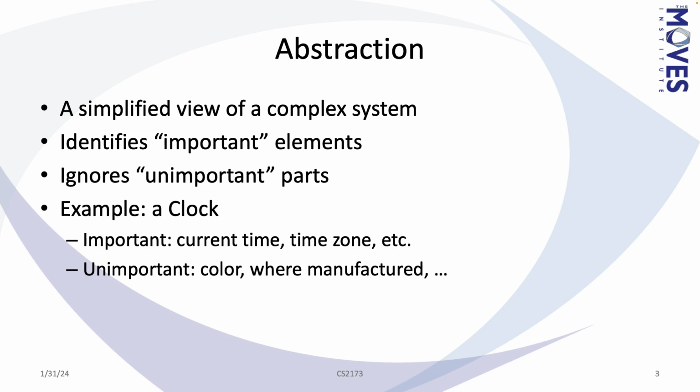Where was it manufactured? What are its dimensions? If we're more interested in how it works, time-wise, then those are not important. On the other hand, if we're designing a clock that we want to manufacture and we want to simulate the thing, then some of these other properties would become more important.